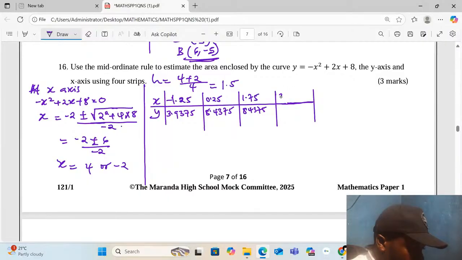Then next is 3.25, so that we shall have 3.9375.